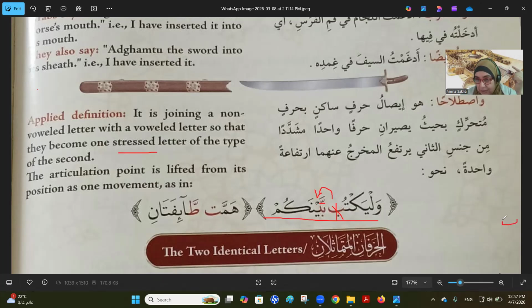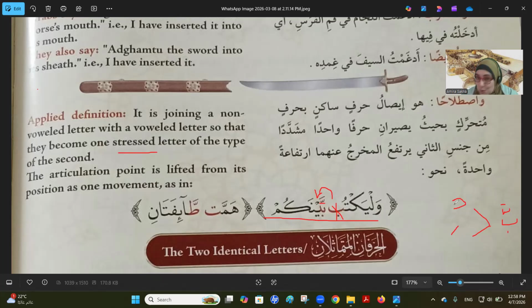Let me write it here. Ba with shadda and fatha, they are two ba. The first one is having sukoon, the second one is having fatha. So why am I not applying the qalqala on the first sukoon? As we explained in the qalqala lesson, because the first ba with sukoon is fully merged into the second ba, and if I apply qalqala, the merging, the idgham, will be broken.